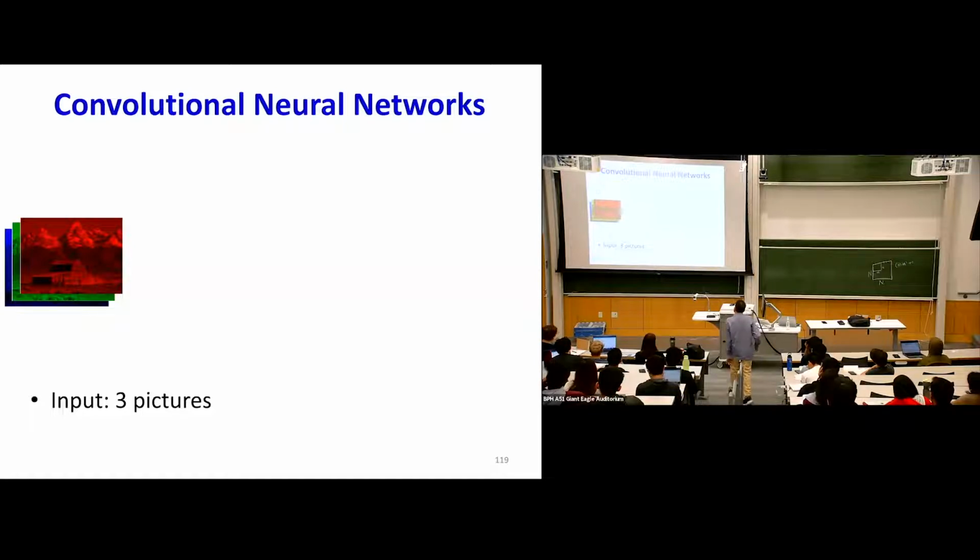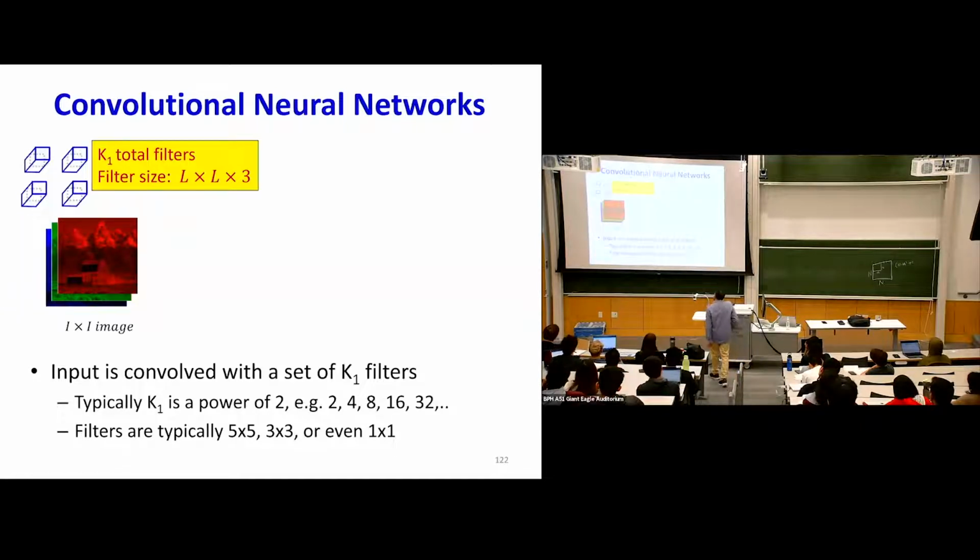So now the input is going to be 3 pictures, which I can represent as a cuboid. And then you begin with some set of filters, let's say K1 of these. Let's assume that each filter is an L cross L filter. So the actual size of the filter is L cross L times the depth, which is 3.